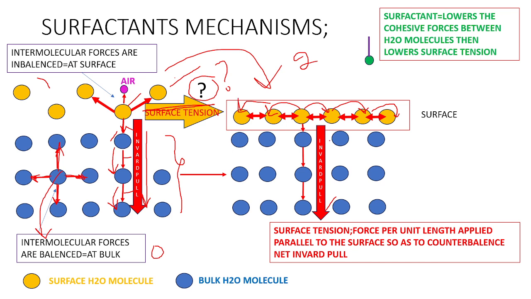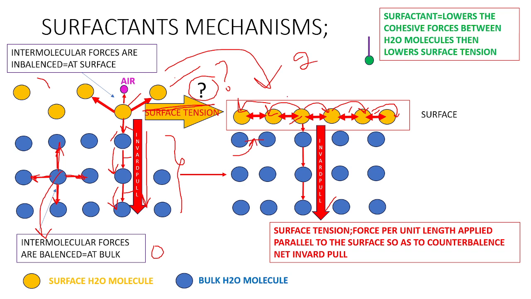To prevent the inward pull of the surface water molecule, it is counterbalanced by the adjacent surface water molecule. So there are very strong bonds between the surface water molecules, compared to the weak bonds present between the bulk water molecules.